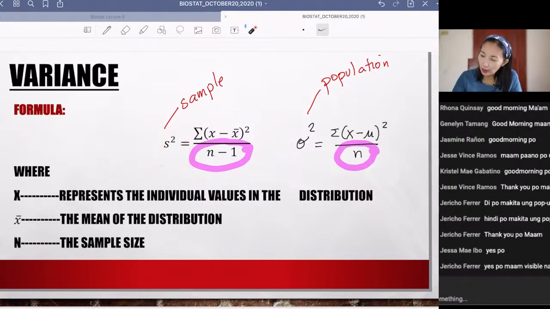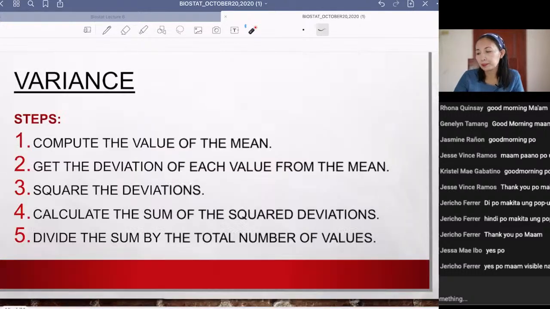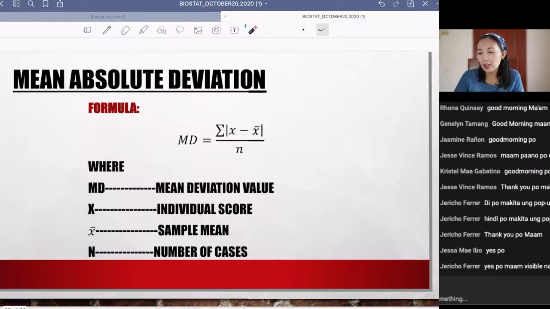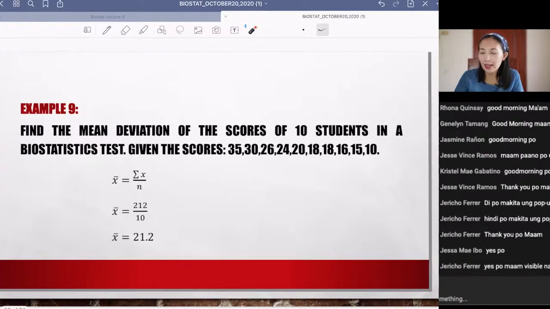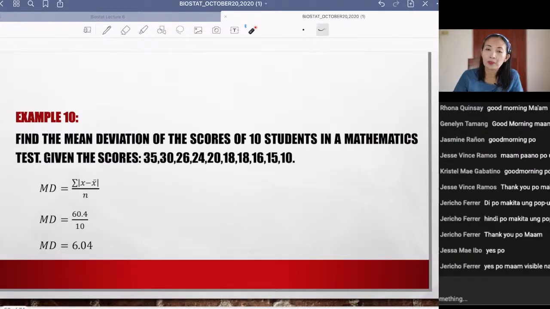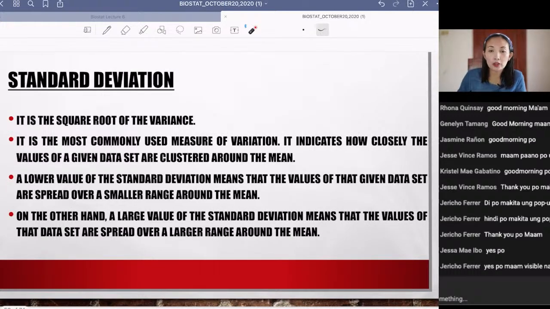If we get the square root of this, it gives the population standard deviation. Okay? So what's the relationship between variance and standard deviation? Standard deviation is the square root of the variance. So the variance is the square of the standard deviation.